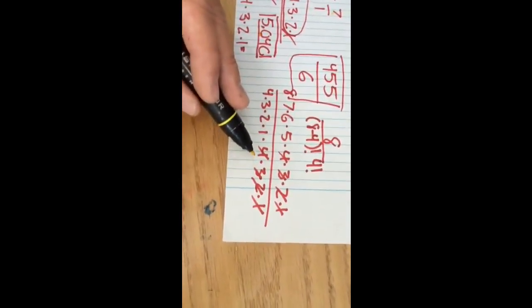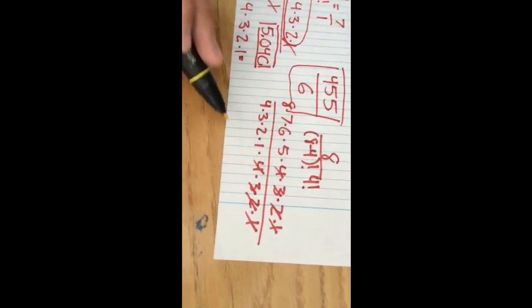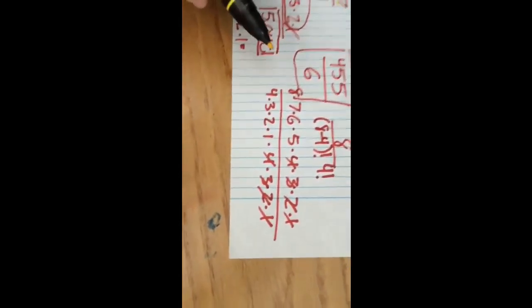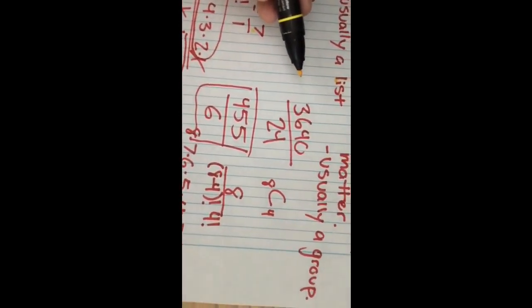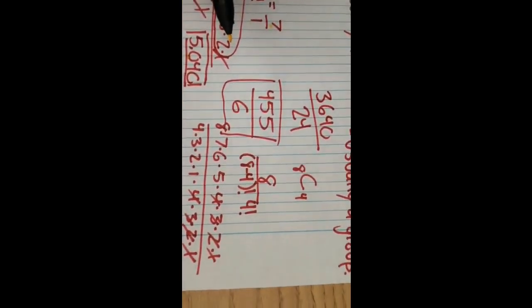So you do 4 3 2 1, 4 3 2 1, and you only cross out 1 set of common numbers, and you multiply them out and you get 3,640 over 24, and you simplify that to 455 out of 6. And that's how you do permutations and combinations.